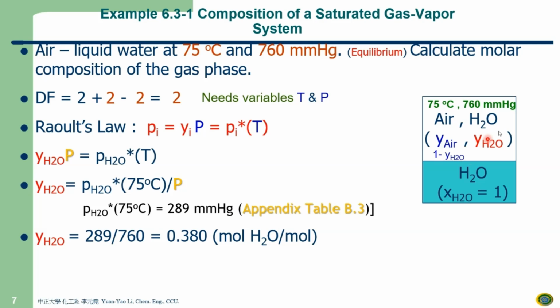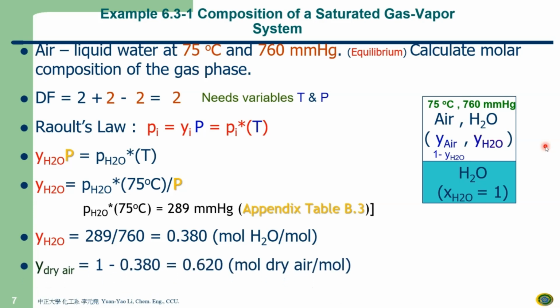So let's mark this in blue color because we will realize this. If I want to ask you, what's the partial pressure of the water vapor in the gas phase? You follow Dalton's law again. So don't forget about this.